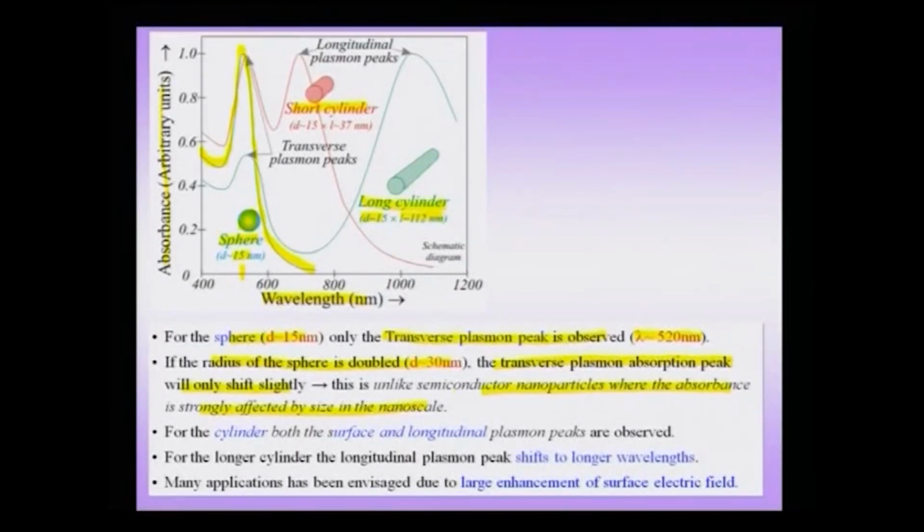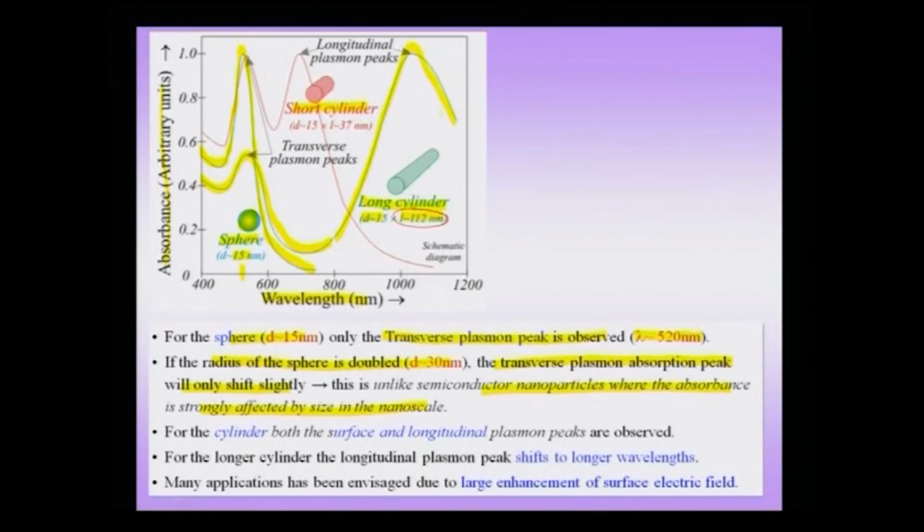Now, the case of the cylinder is very interesting. Let me start with the long cylinder, the 112 nanometer cylinder. In the case of the 112 nanometer cylinder, you would notice that there are two peaks, one peak in the low wavelength or high frequency regime, and the other one in the longer wavelength regime.